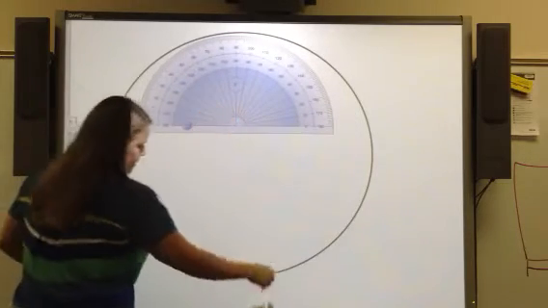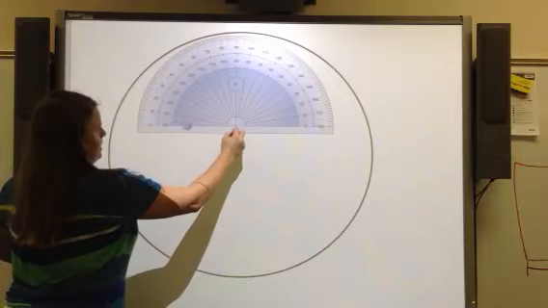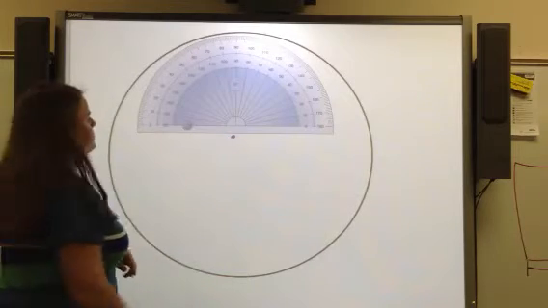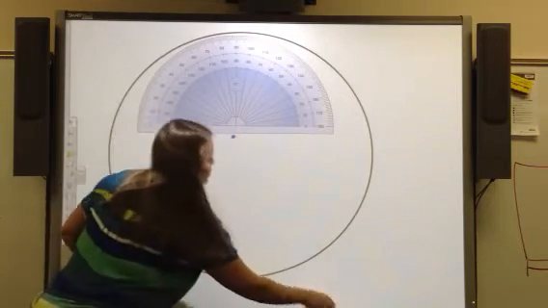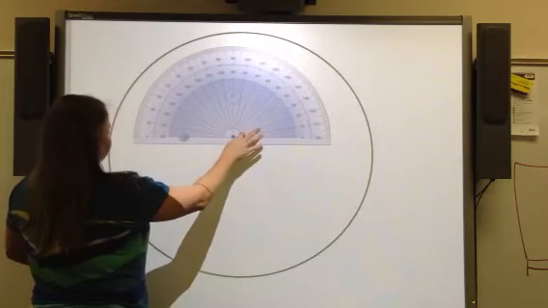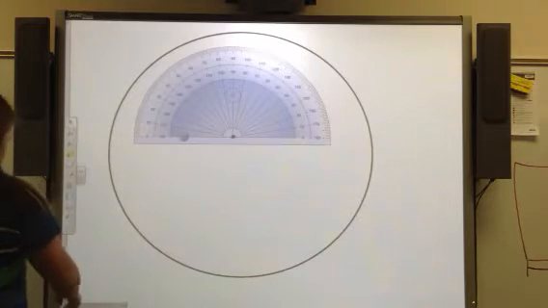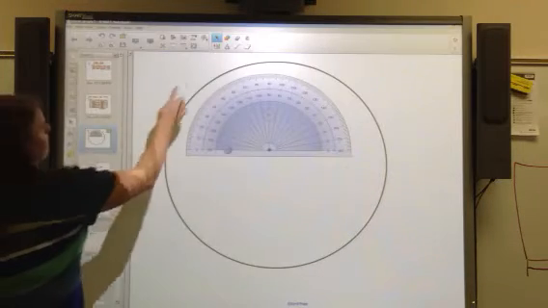So I'm going to estimate by looking at my circle. I'm going to find the center of it as best I can. I'm going to make that my center. And I'm going to pull my protractor down so that it is in the center of the circle. And I'm going to draw a line. Let's go back over here.